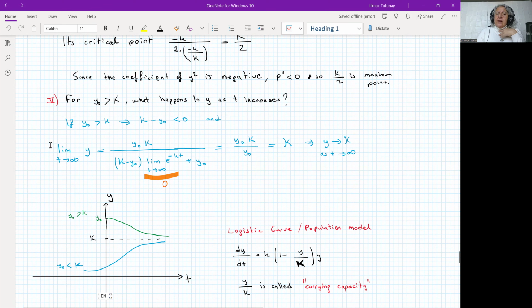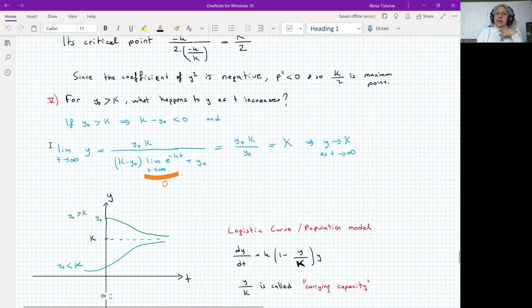In general, what is happening is this: you have y0 bigger than k, somewhere here, and y0 smaller than k, maybe somewhere here. So this one approaches k from above.